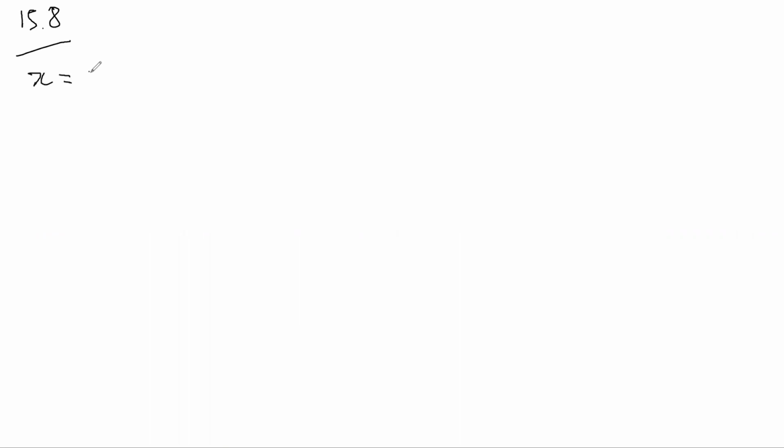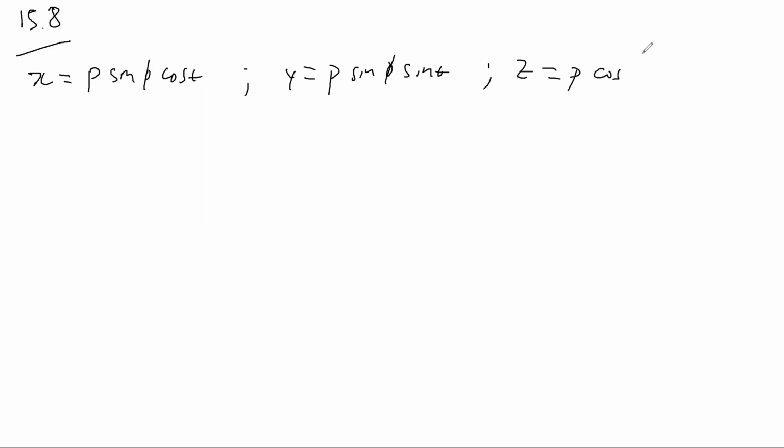So x is equal to rho sine phi cosine theta, and then y is going to be rho sine phi sine theta, and finally z is equal to rho cosine phi. Okay. And this is based off the two triangles covered in lecture, so feel free to look at that. And then finally, rho squared is equal to x squared plus y squared plus z squared.